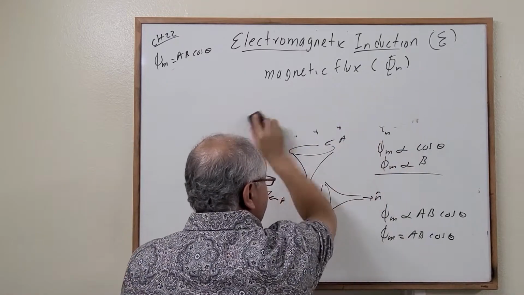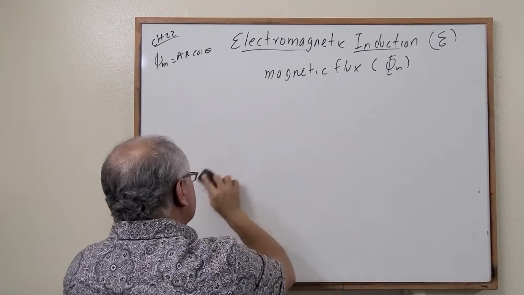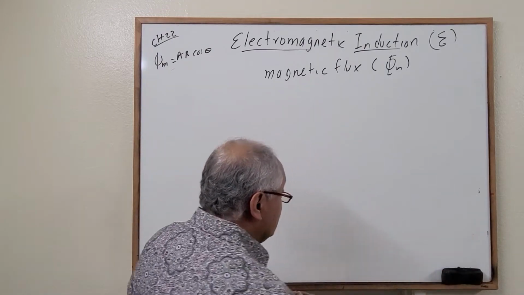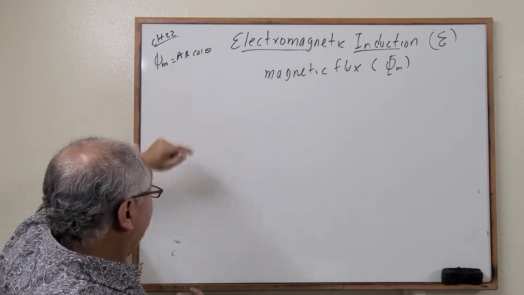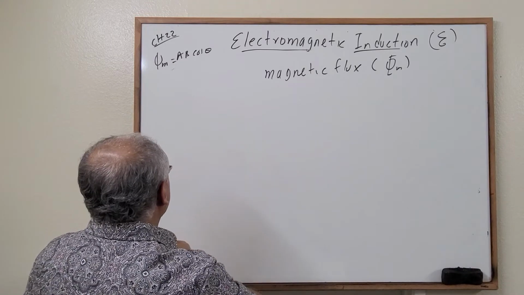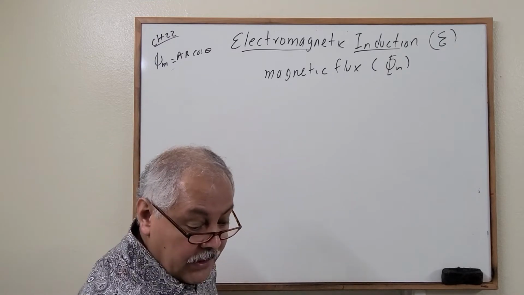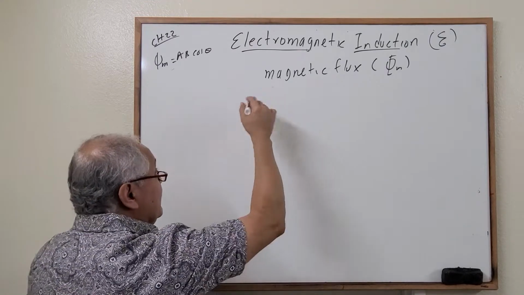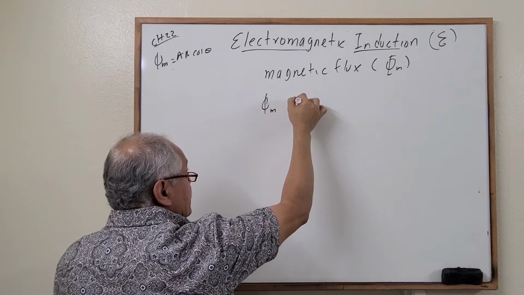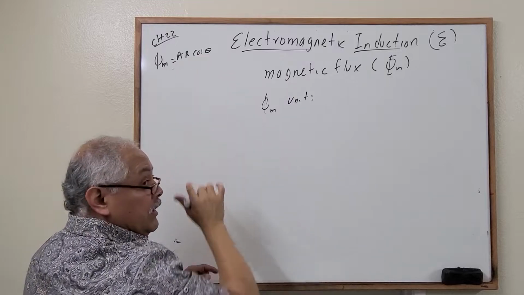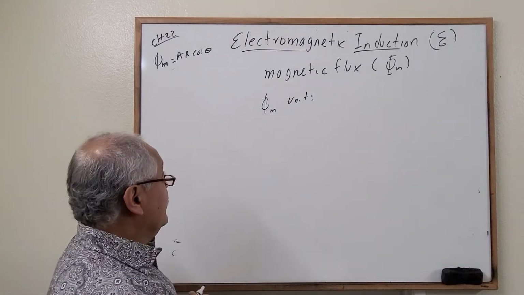If we are dealing with centimeters, for example, we get this one, and we can solve for B. Oh, this is actually the units of magnetic flux, right? Later we can go to the magnetic field, correct?